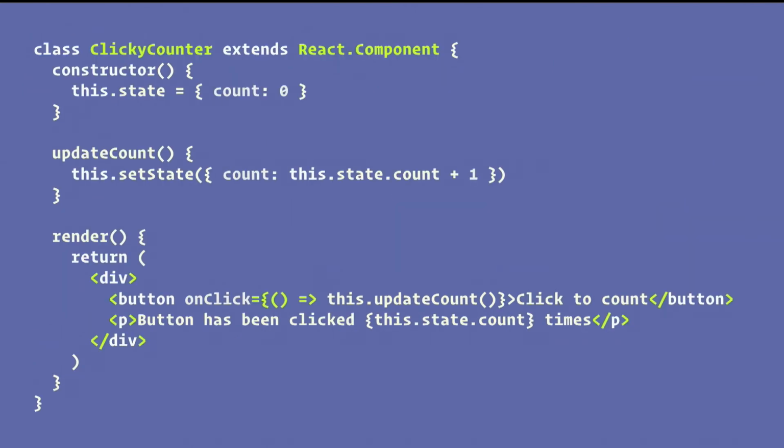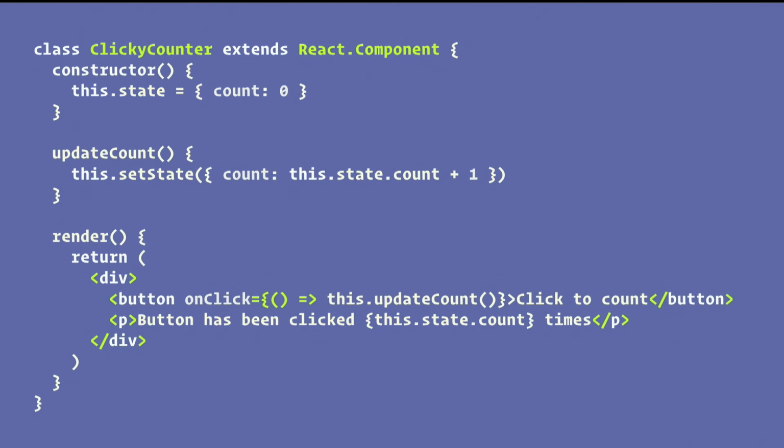So here's an example of that. We have a class component named ClickyCounter, and we have a constructor, and this is where we initially set that state. So this.state equals an object that has a key of count with a value of 0. Then we have a method in that component, updateCount.